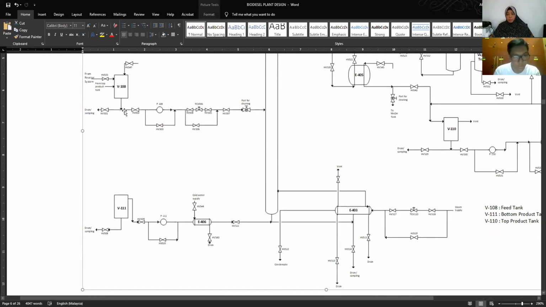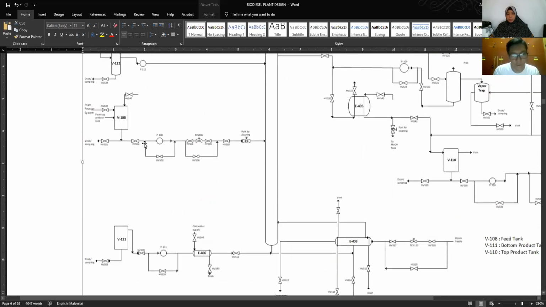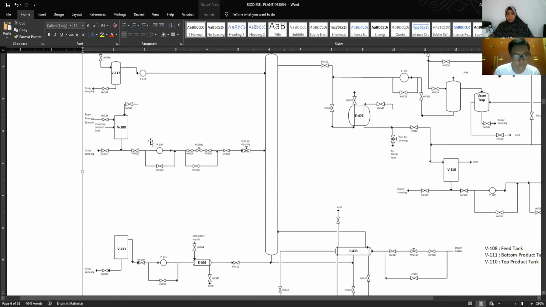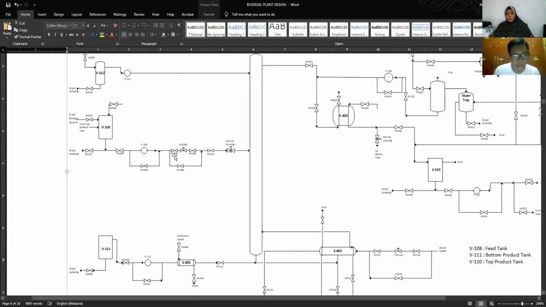Then we go to the valve HV502 to pump 108, and here will be some recycle, and to the other valve.